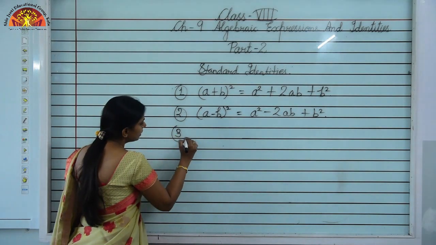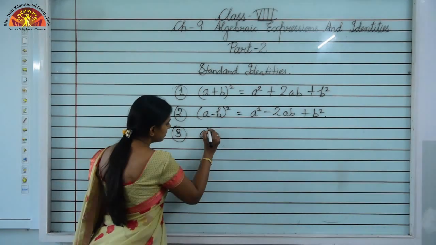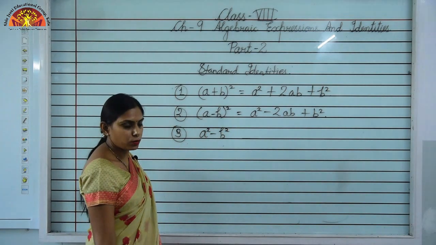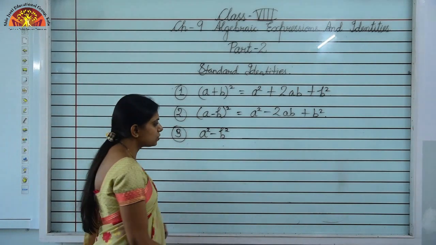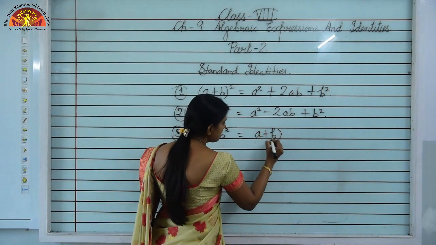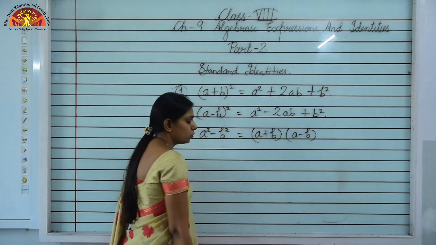Now the third algebraic identity is, that is A square minus B square. Okay. A square minus B square, which is equals to A plus B into A minus B. Okay.